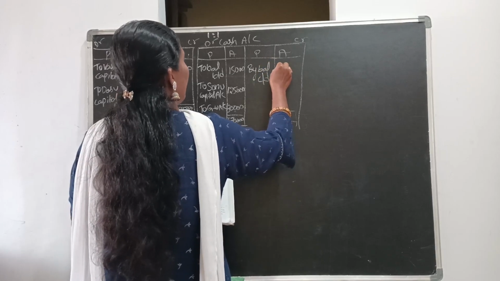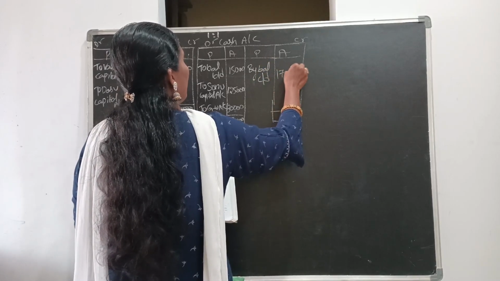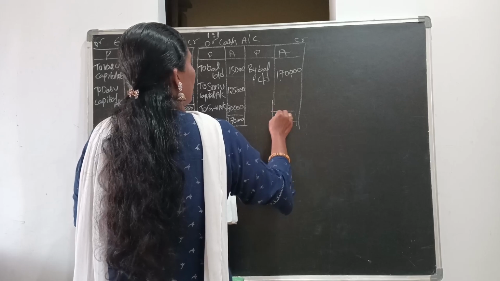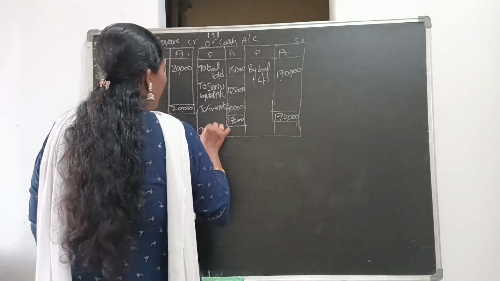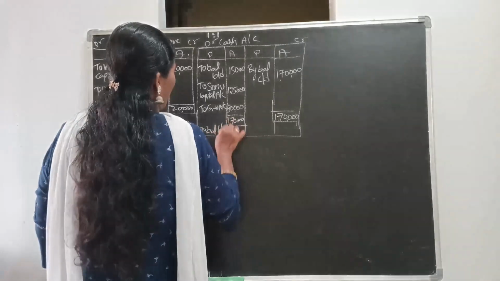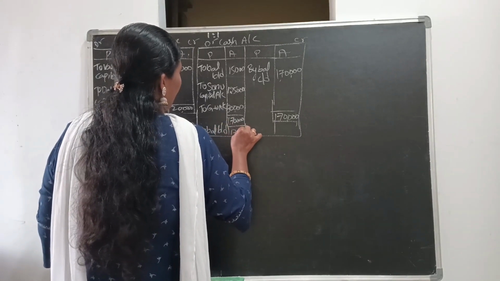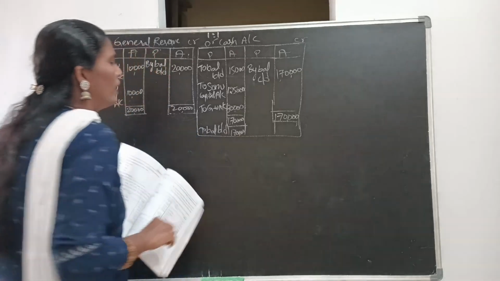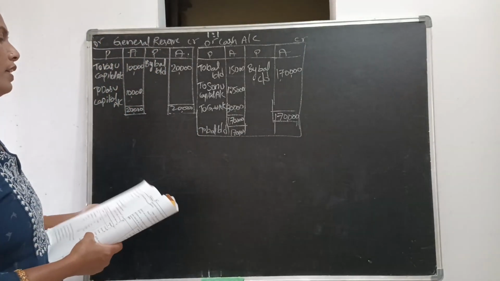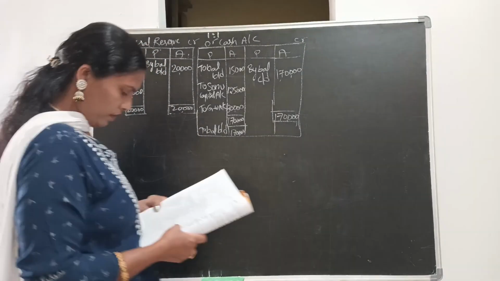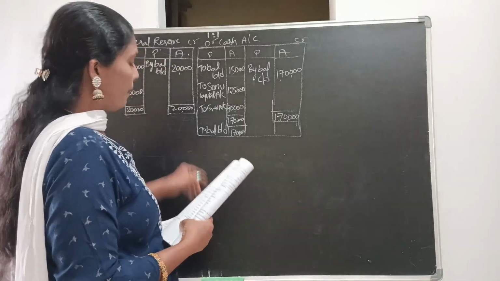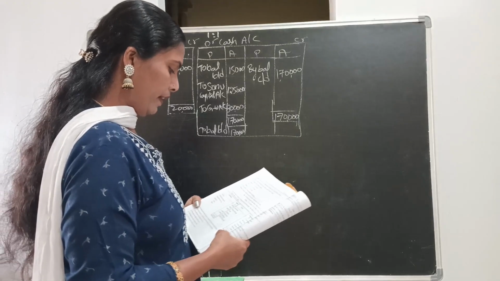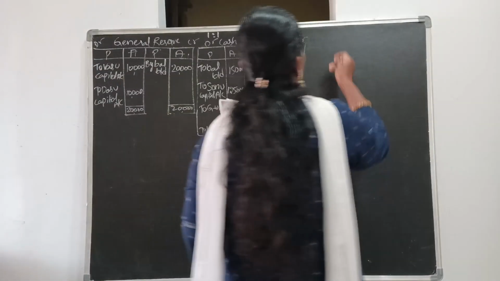Write 1,70,000 on both sides. To balance brought down 1,70,000; this will be posted on the asset side. So the cash account is prepared.